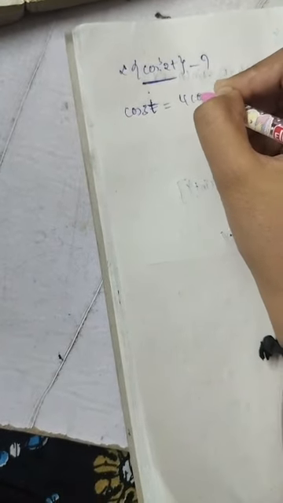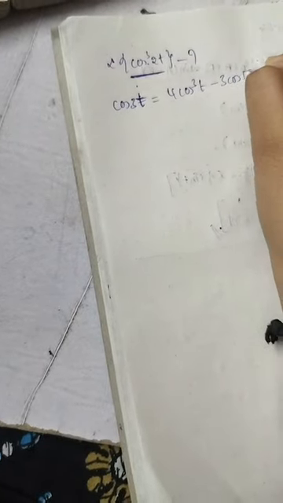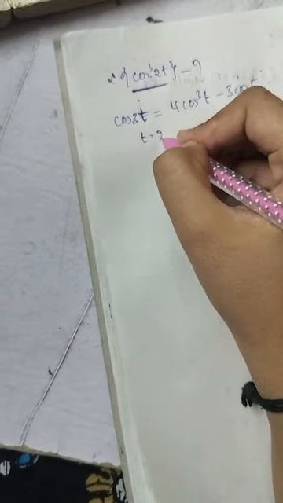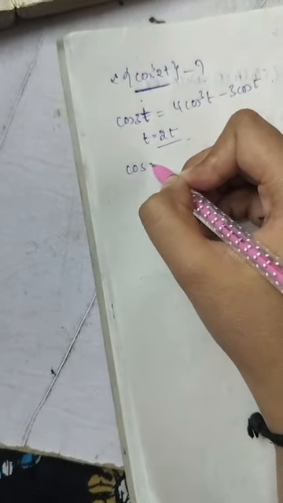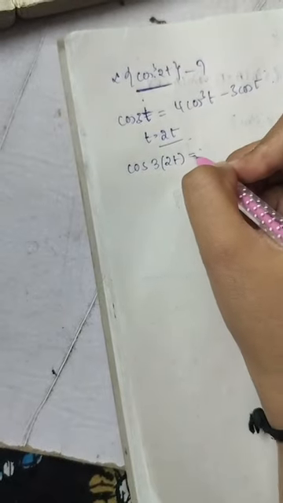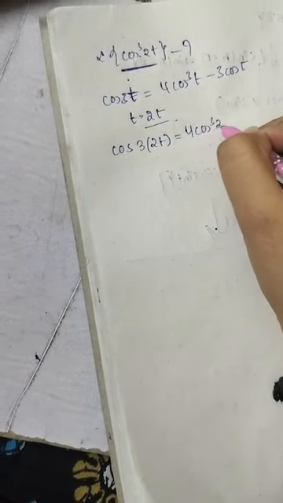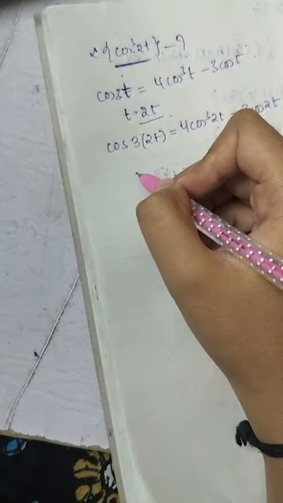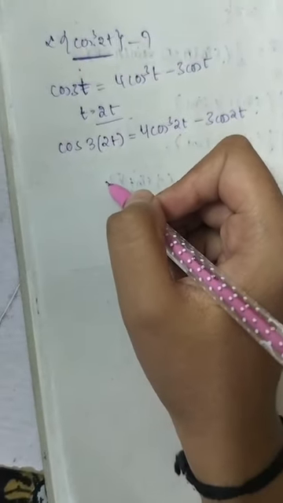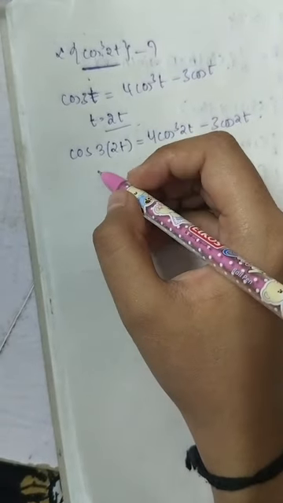It is 4 cos cube t minus 3 cos t, right? Here t is 2t. What happens now? Cos 3 into 2t, that is cos 6t, is equal to 4 cos cube 2t minus 3 cos 2t, right?